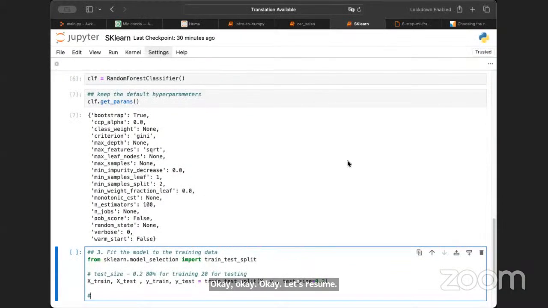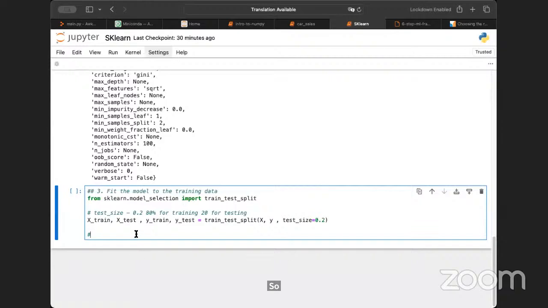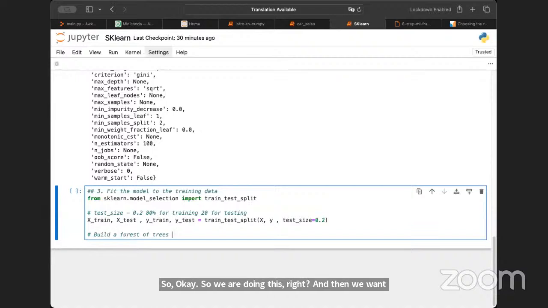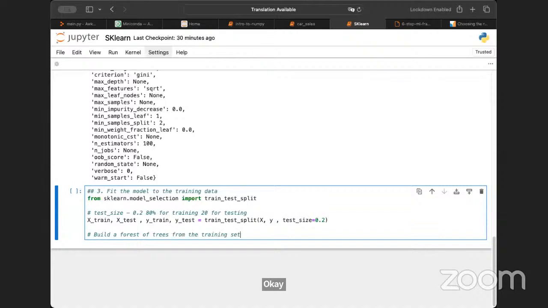Okay, let's resume. So we are doing this, right? And then we want to build a forest of trees from the training set, which is X and Y. Correct?